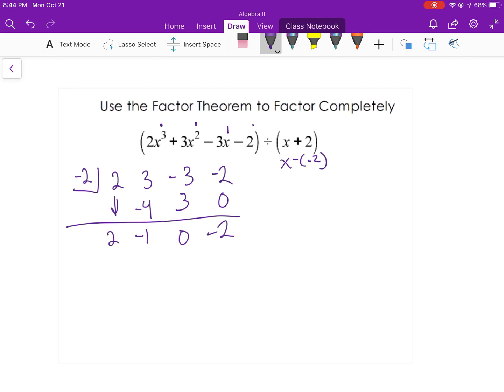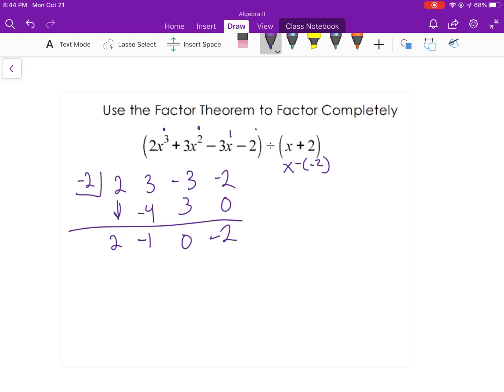Oh, sorry. For some reason I had those wrong. -2 times that should be +2. That should be a -1, and that should be a +2. There's my 0. My bad, guys. So then I'm left with 2x to the second minus x minus 1.